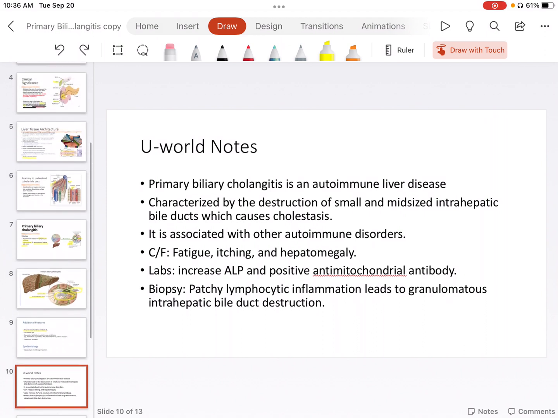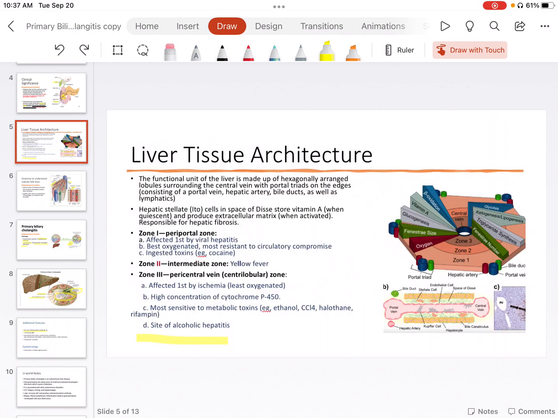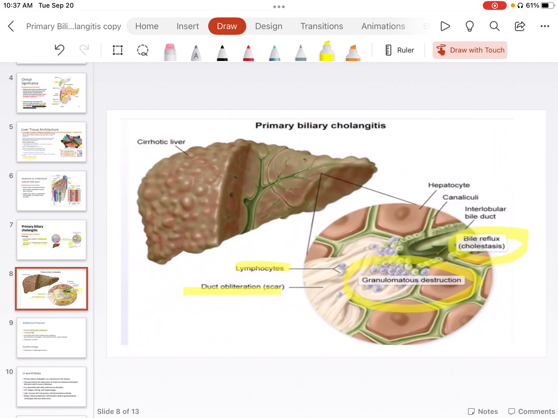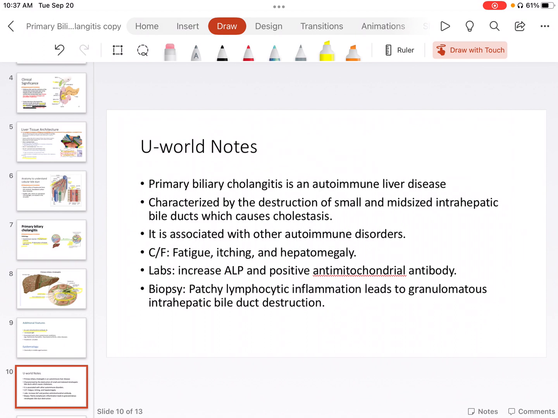I believe the diagram of the hexagonal cell, the hepatocyte, shows the presence of intrahepatic bile ducts, which is causing cholestasis. This diagram indicates the location of the bile duct, and this diagram explains how cholestasis is going on. Explain this point very clearly: destruction of small and mid-sized intrahepatic bile ducts causes cholestasis.